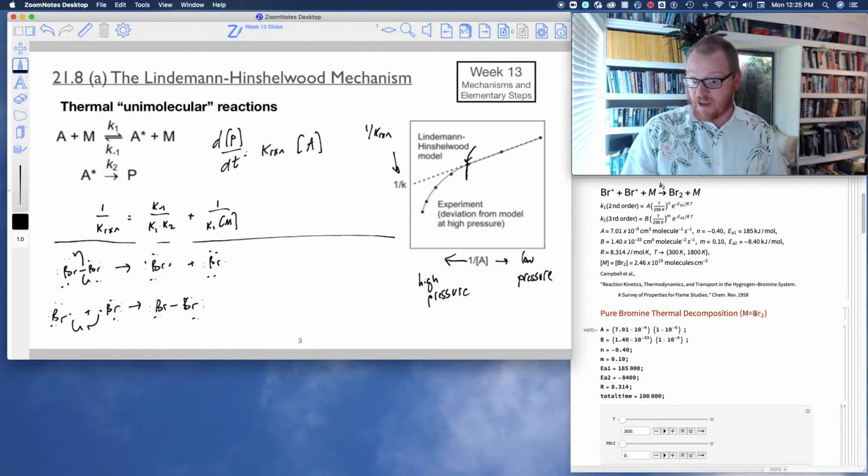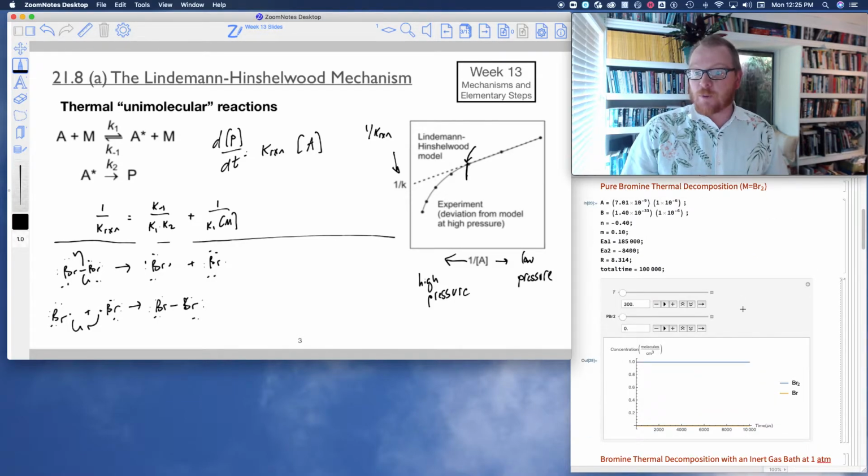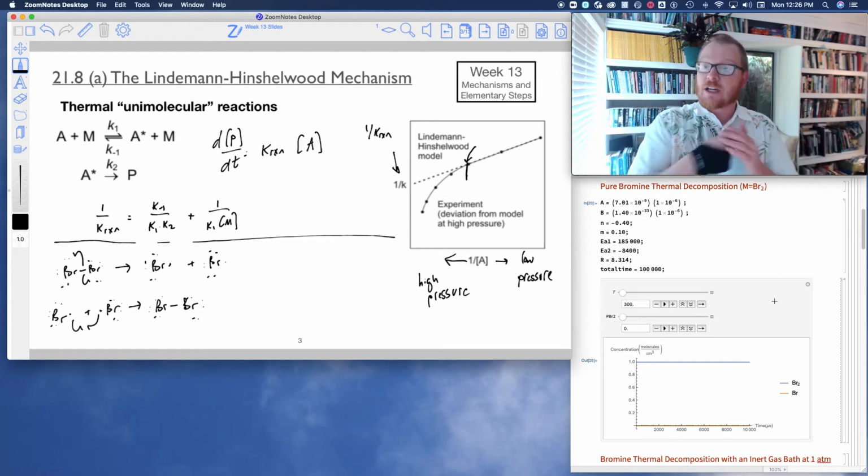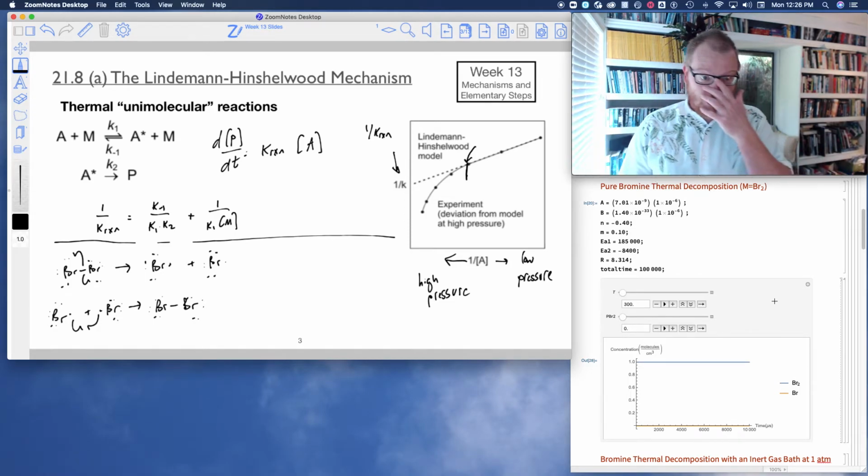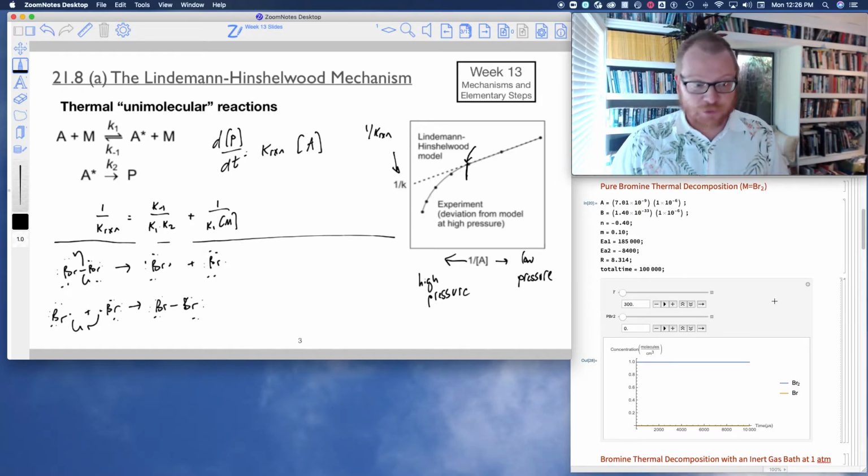So right here, M equals Br2. This would be like two Br2s colliding with each other. One of them falls apart into an unstable set of radicals. The other Br2 is still available to react, okay?